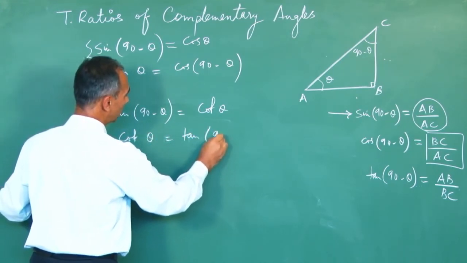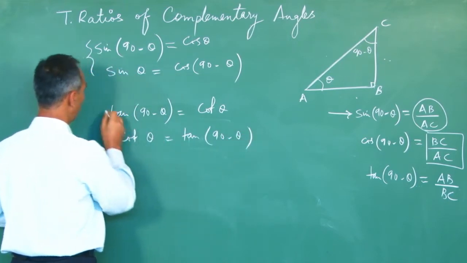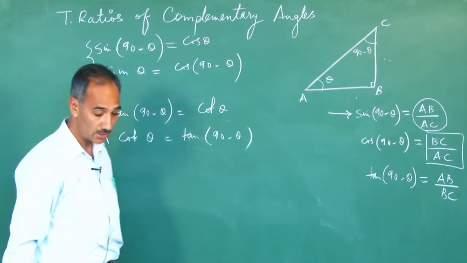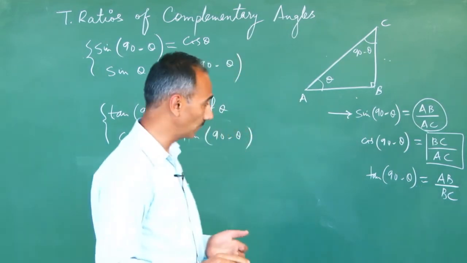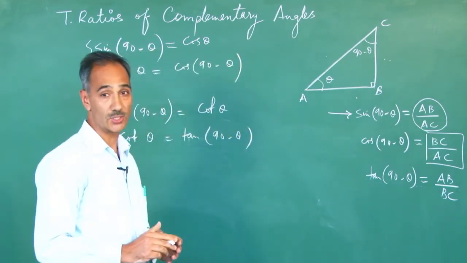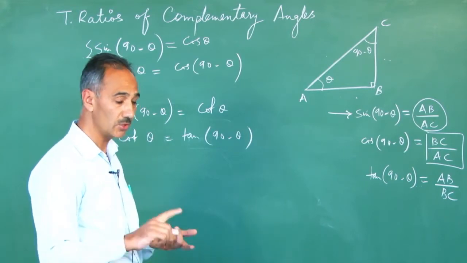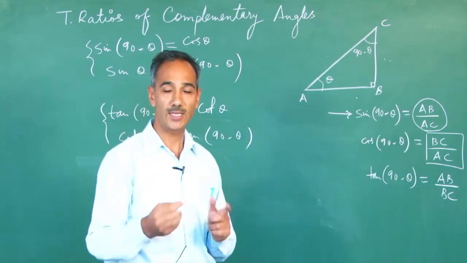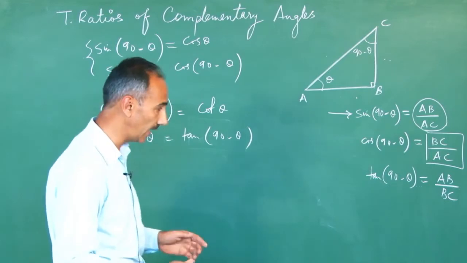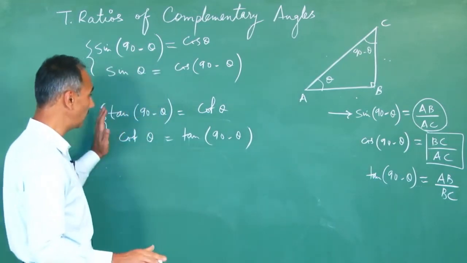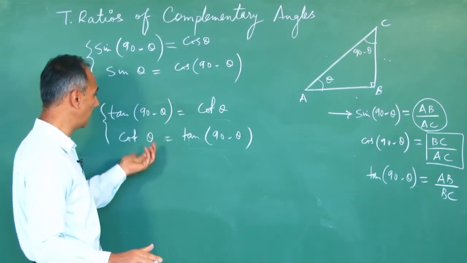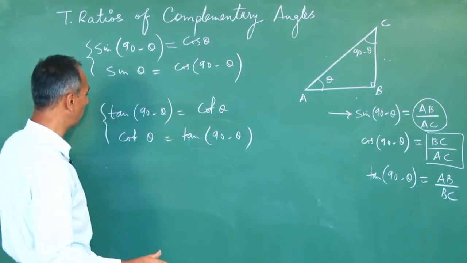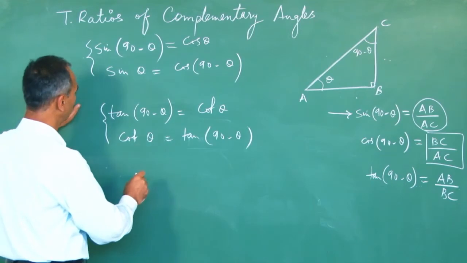So tan is related with cot as far as complementary angles are concerned, and as far as reciprocal identities are concerned, there also tan is related with cot. Tan is 1 upon cot, cot is 1 upon tan. And in case of complementary, tan is related with cot.